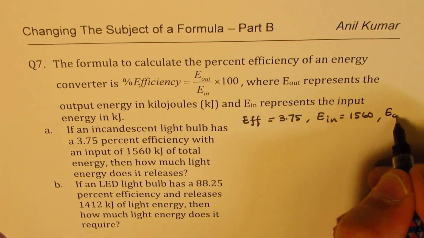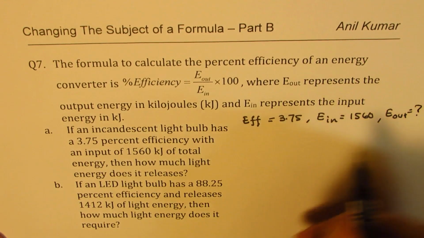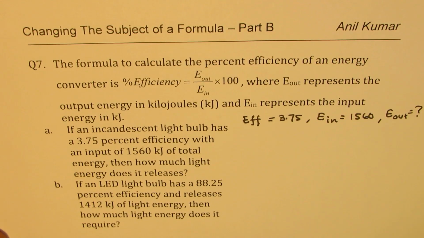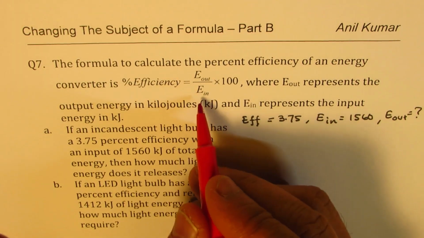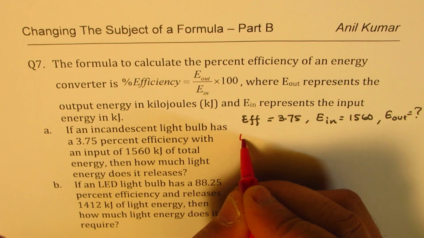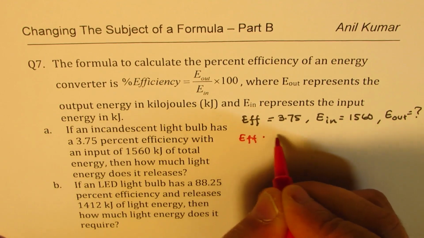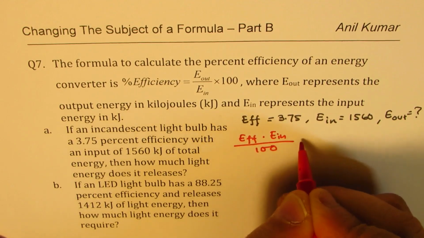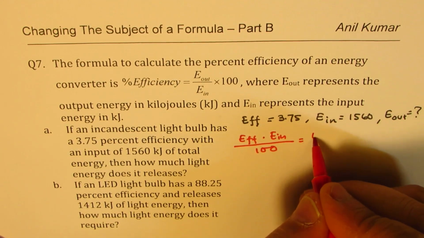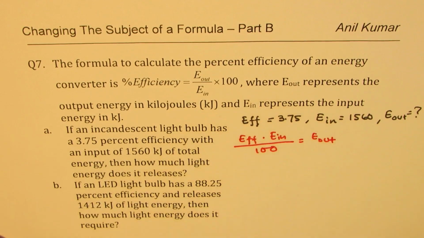So we need to find what E out is. From the given formula, you could cross multiply and get E out. So you multiply efficiency with E in, and then divide by 100 to get the output. Does it make sense to you? So that is how you could actually do it.